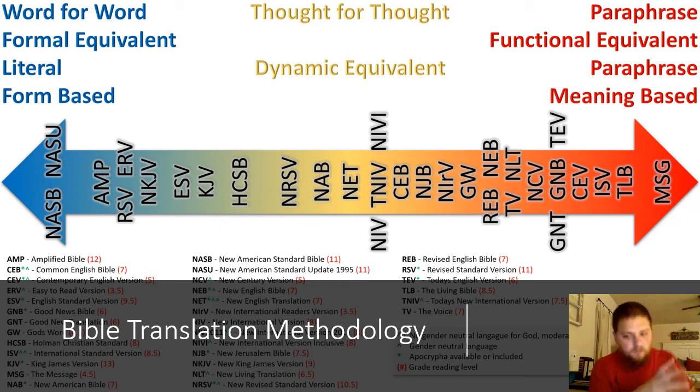Now, granted, I did go through and basically say that you essentially have two texts that are being translated. Most of them done today are based off this text right here, the Nestle-Aland Greek text.